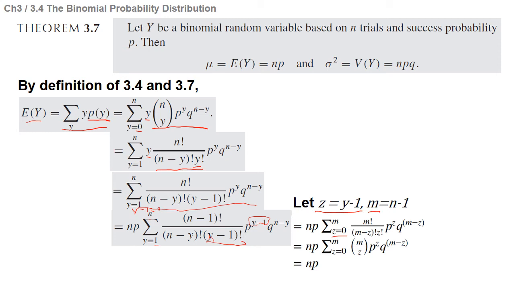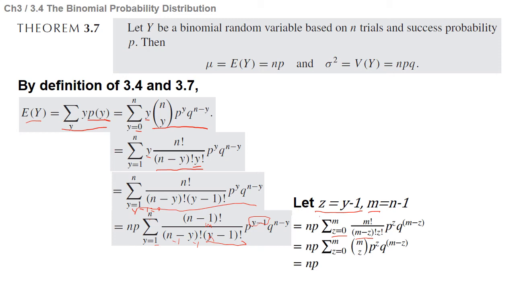We want to specify that as m, so this sum is from z equals 0 to m, and since n minus 1 is m, it is m factorial. Here n minus 1 minus y minus 1 is n minus y as well, so this becomes m minus z, and this becomes z factorial, and p to this, and q to m minus this.